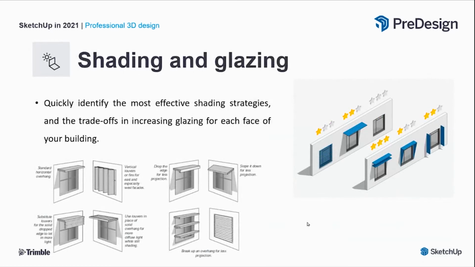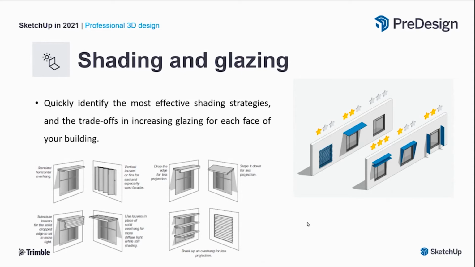It also allows us to toggle between 8 different orientations, like north, northeast, south, and access shading guidance specific to any direction for optimal climate design. This feature covers a wide range of shading options like overhangs and automated blinds, and pre-design tells how effective each option is in shading the overheating sun.